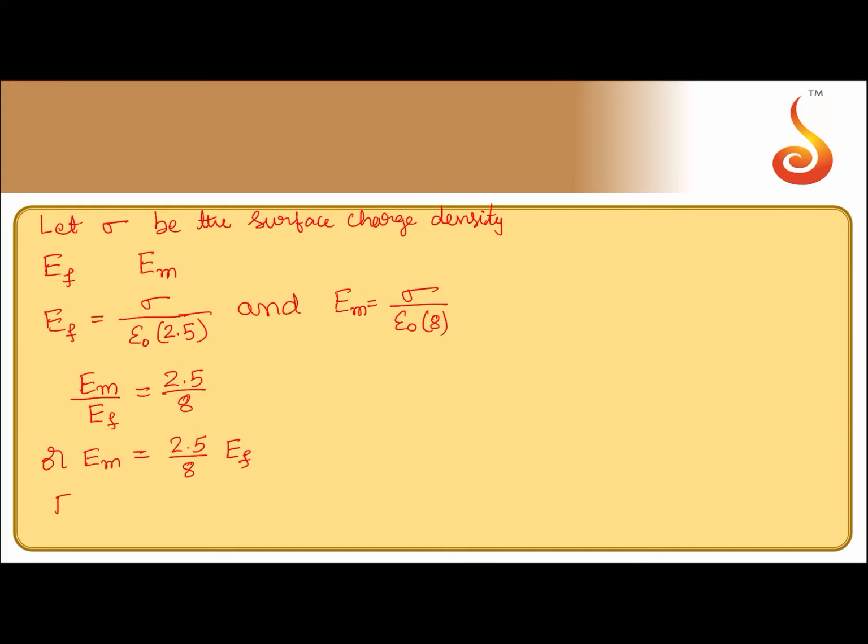So the maximum value of EF, they have given, this is the breaking strength. EF can have a maximum value of 6.4 into 10 to the power 6 volt per meter. So from this we can find the maximum value of EM: EM max is equal to 2.5 divided by 8 into 6.4 into 10 power 6.